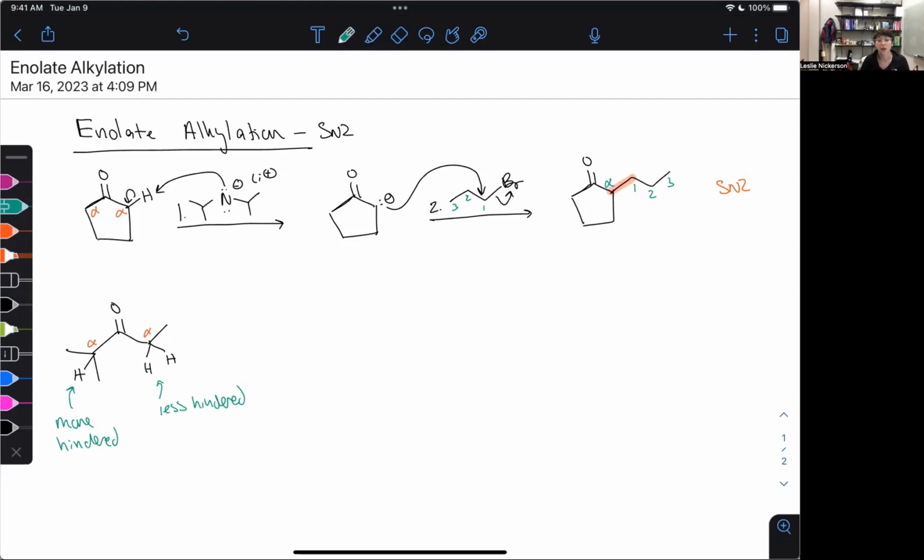So again, we need to be thinking about kinetic and thermodynamic enolates here. If I am using LDA again, I'm always going to have LDA going for the most accessible, the least hindered, to make my kinetic enolate.